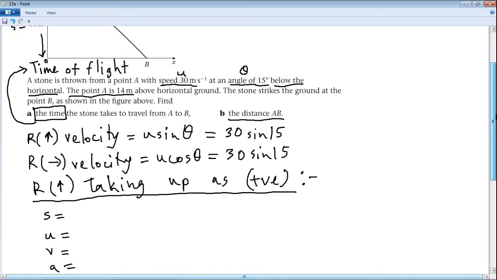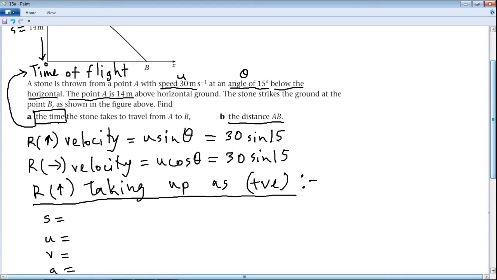Since we are resolving vertically, S should be the vertical displacement, which is minus 14 meters. I will tell you later why I have taken negative.